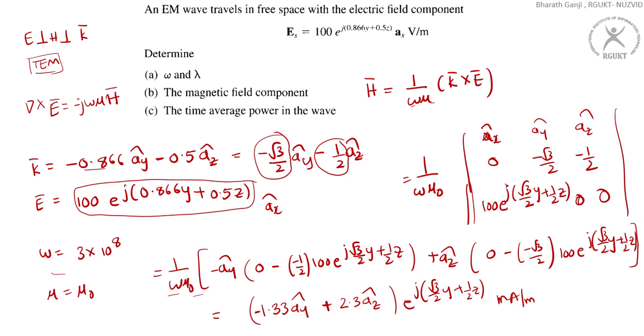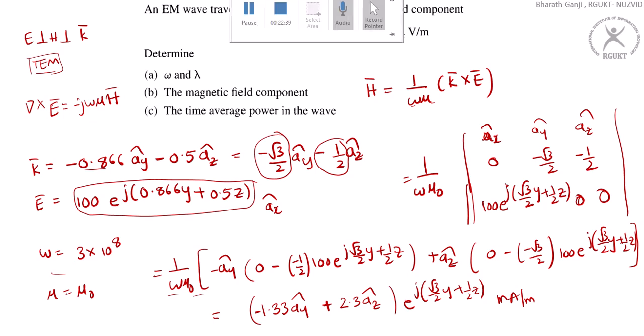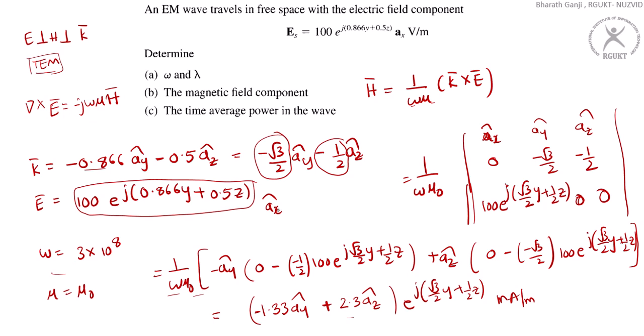Okay, so this is how you will get the magnetic field expression. Right. So let us calculate the time average power in this scenario.